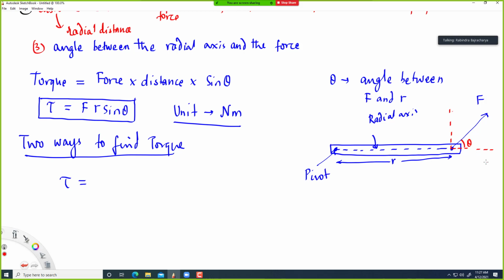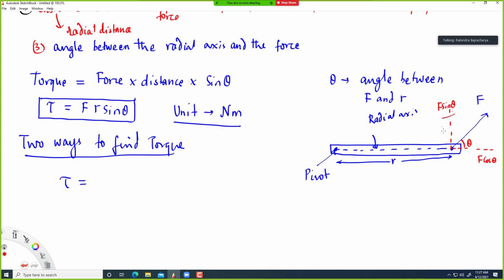So this component is F cosine theta, and this component is F sine theta. So only this component will produce the rotation. This won't produce the rotation. Okay. If you pull this object in this direction, it won't produce the rotation. If you push it this way, it will produce the rotation.